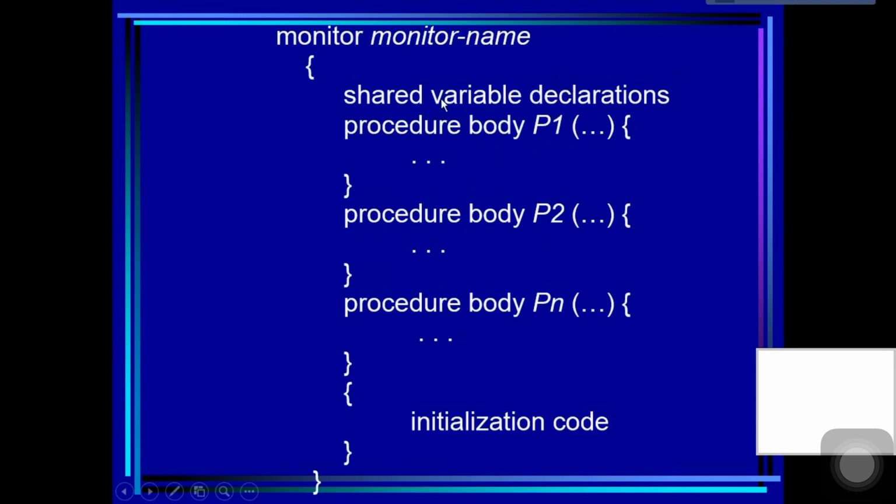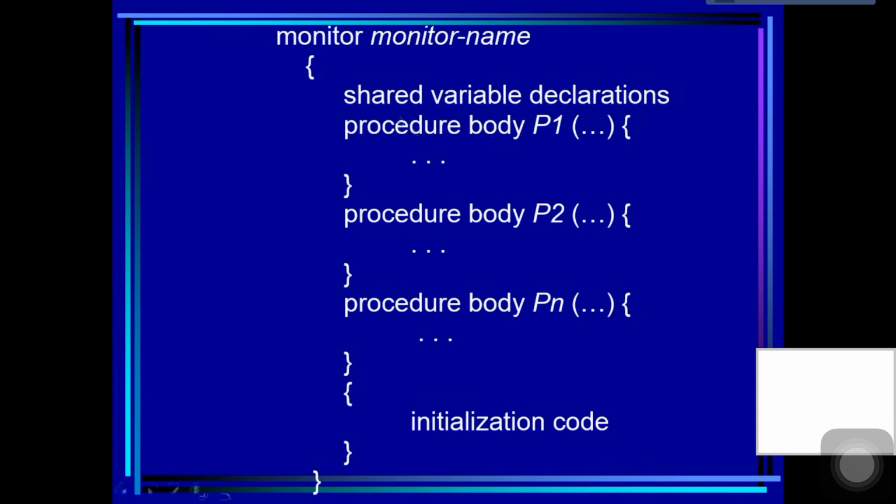Similarly, the local variables of a monitor can be accessed only by the local functions. The monitor construct ensures that only one process at a time is active within the monitor. Consequently, the programmer does not need to code this synchronization constraint explicitly.